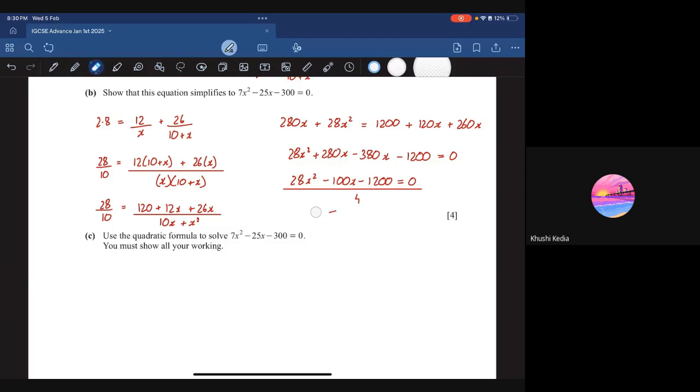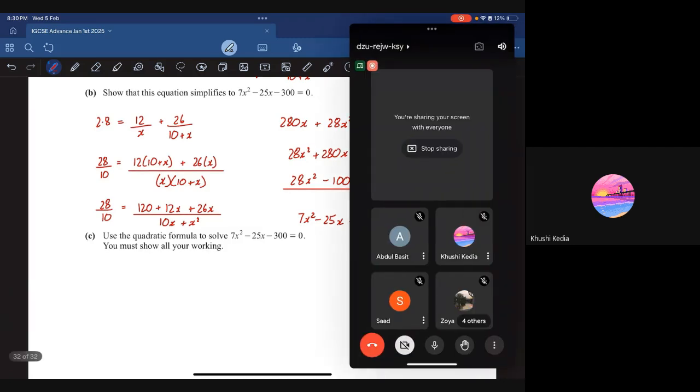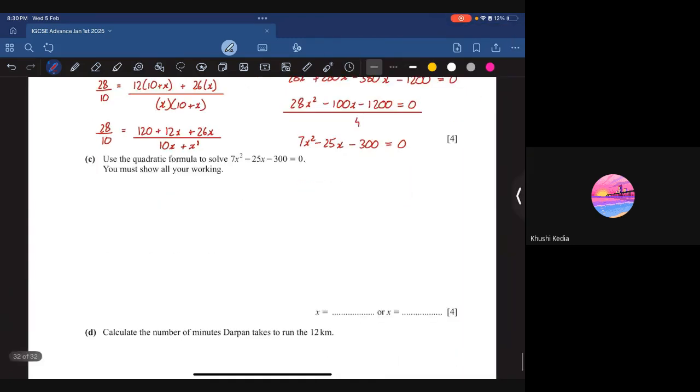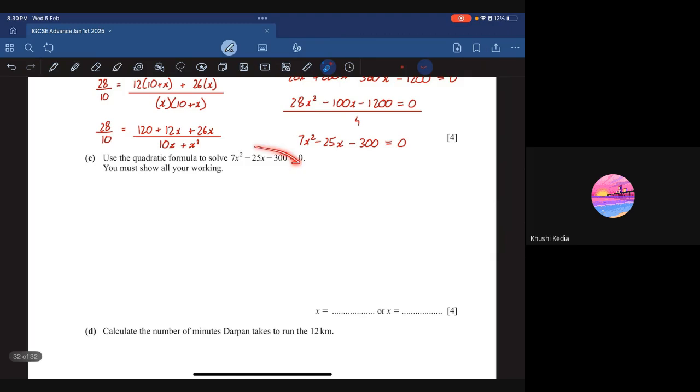Clear, guys? Is there anyone who does not understand this? This part was really easy. Yes, guys. Anyone who has not? Okay. Can someone tell us if they did this question or not?